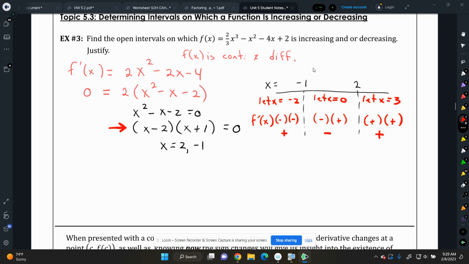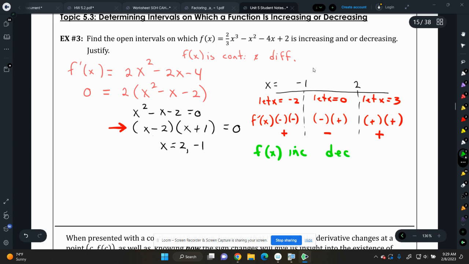Okay, so this means that f, right, that's f prime. That means f of x is increasing, and then it's decreasing, and then it's increasing. So we were just asked to find the open intervals that are decreasing or increasing. All right, so we're going to say f of x is increasing.